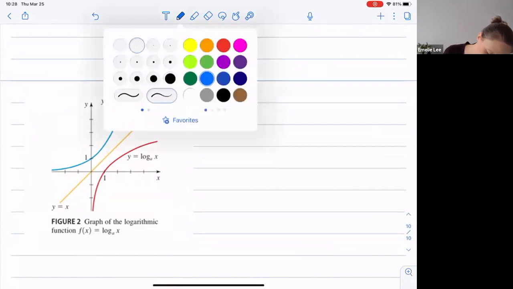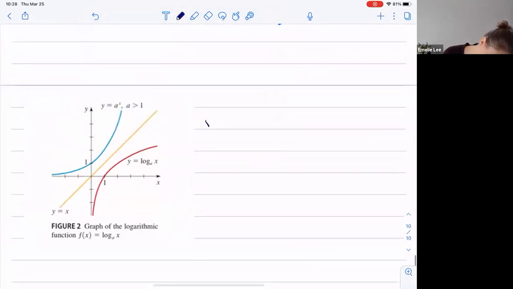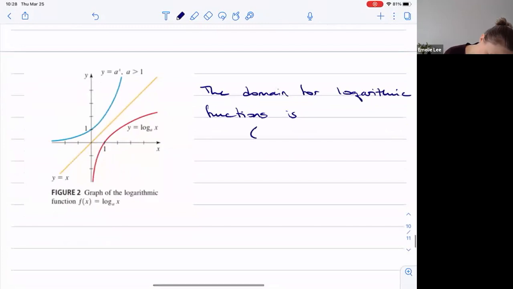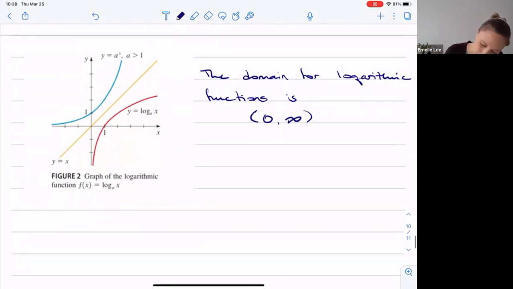So notice the domain for logarithmic functions is from 0 to infinity. And so what happens is we need to add this to our roster of checking for domains.